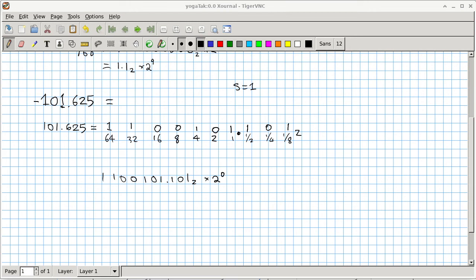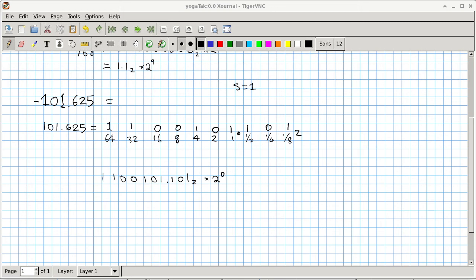So what we need to do is to shift the point, or move the point, to the left-hand side until the left-hand side of the multiplication becomes 1 point blah, blah, blah. Okay, so now we have to count. How many times do I have to move the point to the left so that we end up with 1.10010 blah, blah, blah? 1, 2, 3, 4, 5, 6. So we have to move the point exactly 6 places.